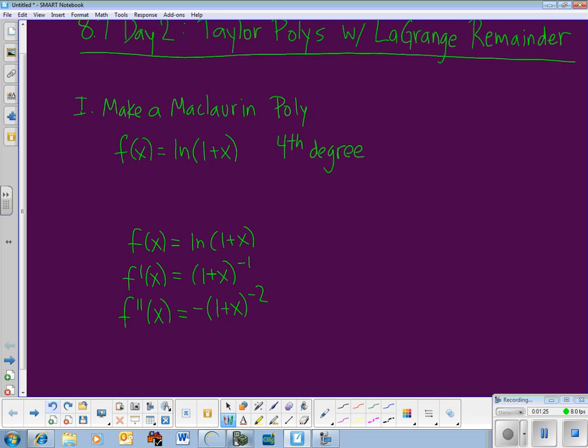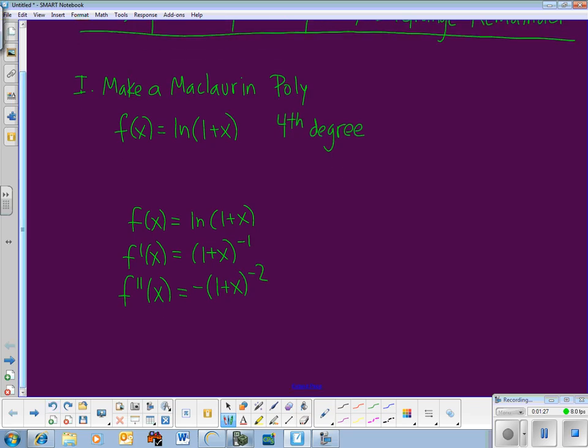The chain rule doesn't apply because the derivative of 1 plus x is just 1, which makes this a little bit easier on us. Then we get 2 times (1 plus x) to the negative third. And finally, our fourth derivative is negative 6 times (1 plus x) to the negative fourth.